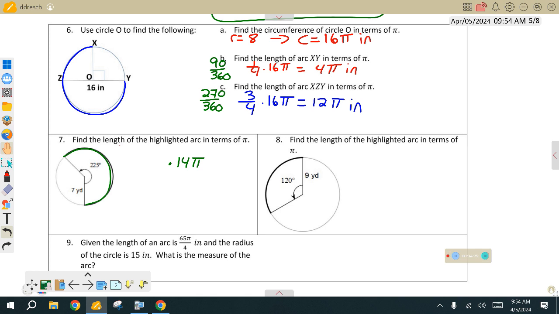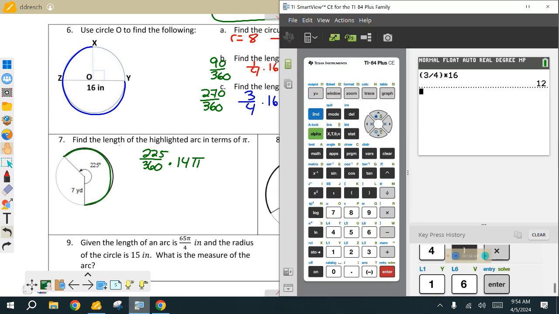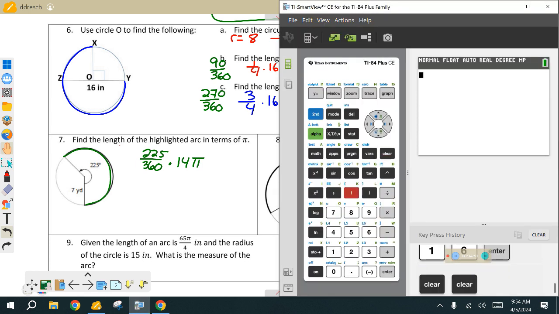We're walking 225 out of always what? Fraction of a full circle. 225 out of 360. Okay, plug it into your calculator, guys. These are not going to always turn out to be pretty numbers. Never type in pi. So, 225 divided by what?